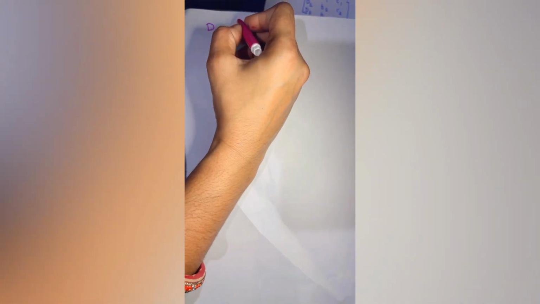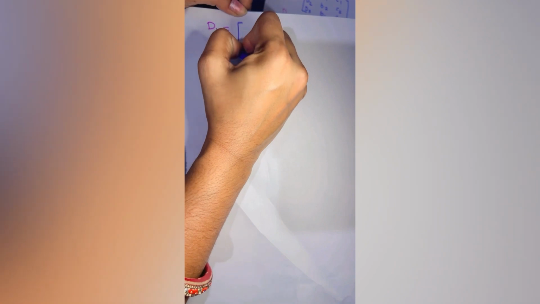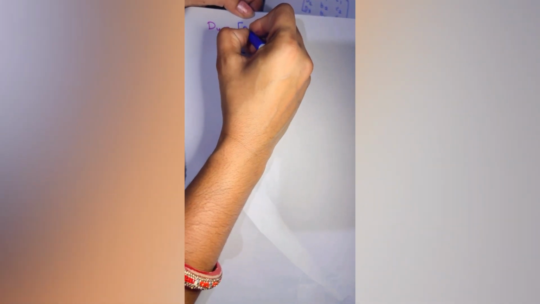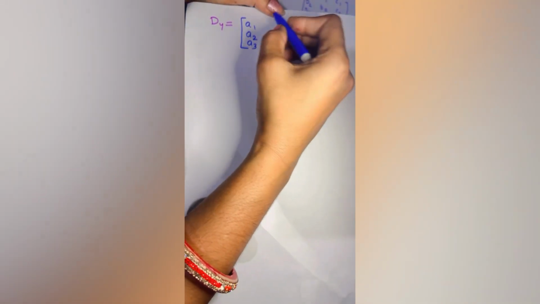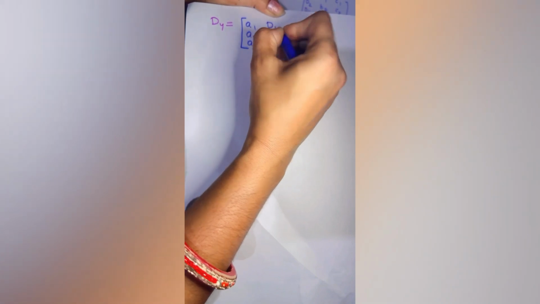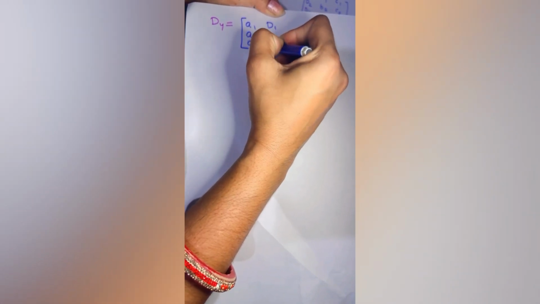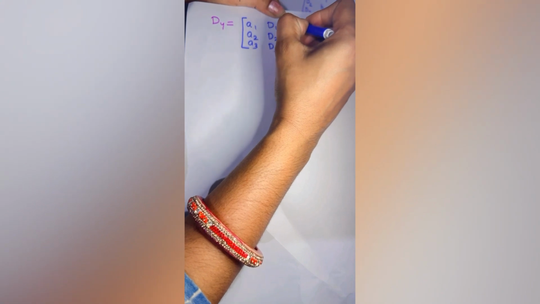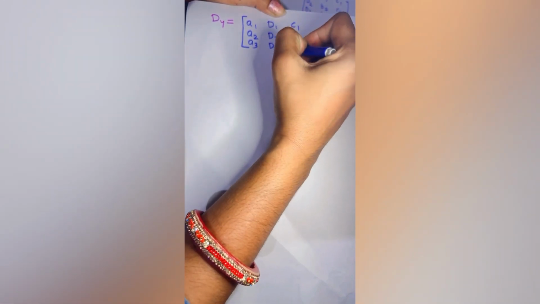Now in the same way calculate the determinant of y. So what will be the determinant of y? First write down the matrix of the y term: a1, a2, a3, and in place of y we write d1, d2, d3, then c1, c2, c3.